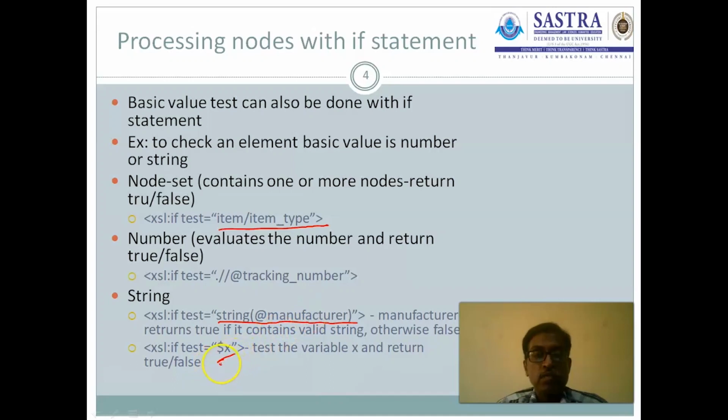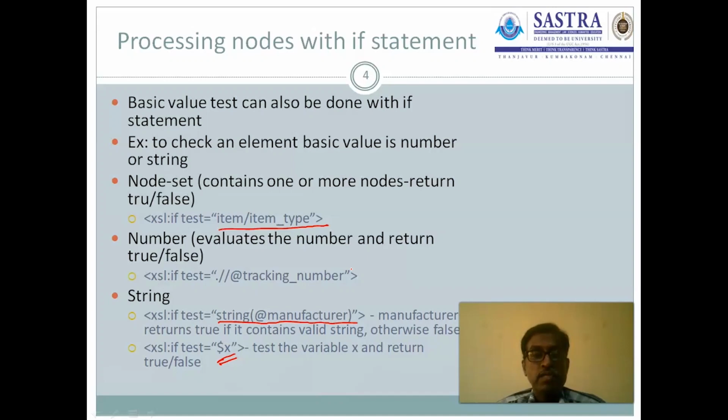Similarly, we are able to declare a variable in XSLT, and also we can check whether that variable contains a number or not. If it contains a number, then it returns true, otherwise false. Similarly, we can check number or string by using this syntax, so that when we are using XSL if, we can give a test expression.